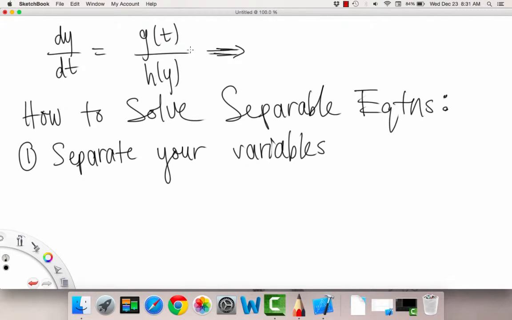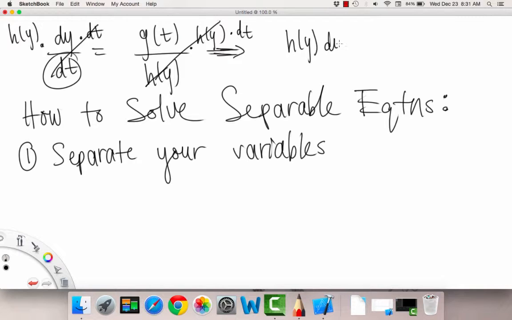So we multiply by h of y on both sides, and then we want to get all the t's to the right side, so we multiply by dt on both sides. Now we have the dt's canceling out and we get something that looks like h of y dy equals g of t dt, okay?